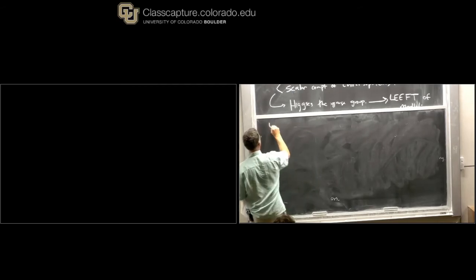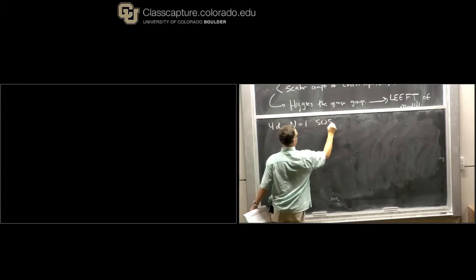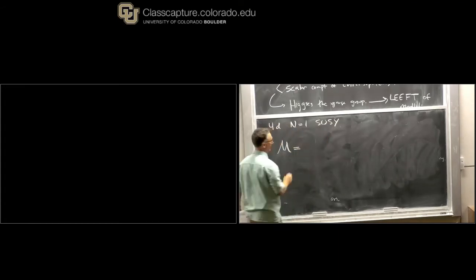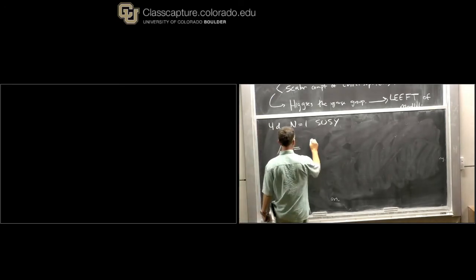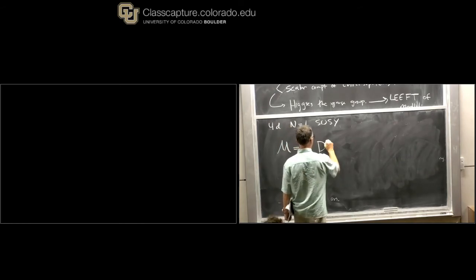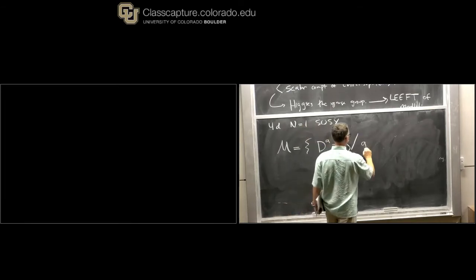Here I'm discussing again 4D N=1 SUSY, for instance. And so we have this moduli space of vacua. One way to describe the moduli space of vacua is the set of solutions to the D-term equations, modulo gauge transformations.